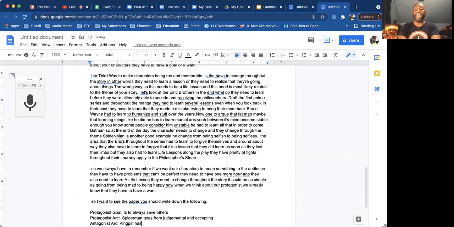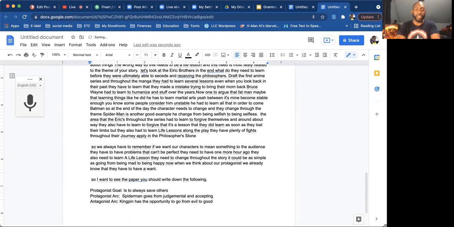So Kingpin has the opportunity to go from being evil to good. So our antagonist goal in this particular story may be Kingpin wants to rule the clubs.